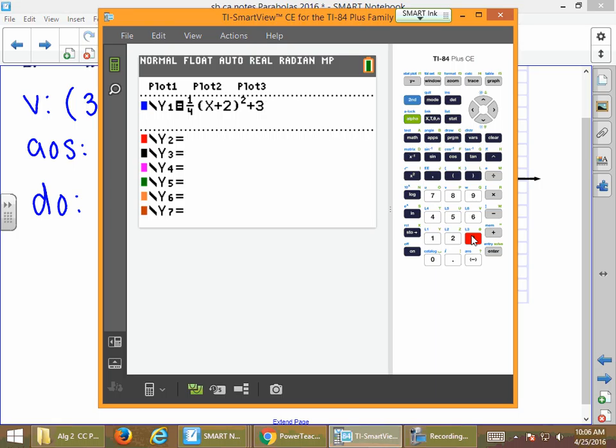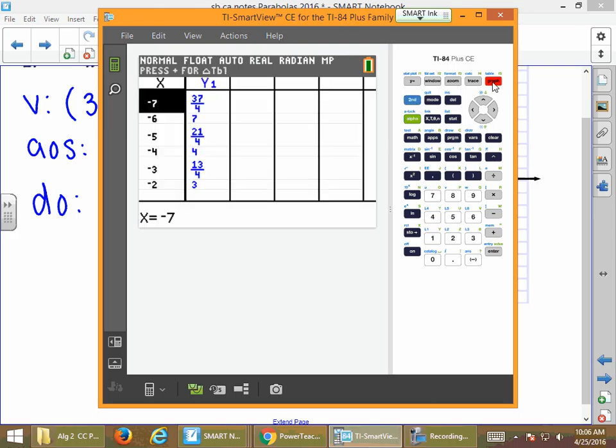And I don't need to look at the picture. What I really want is the table. So once we've got that typed in, let's go to the table function here. And I'll scroll through things a little bit, see if we can find a couple of better numbers.